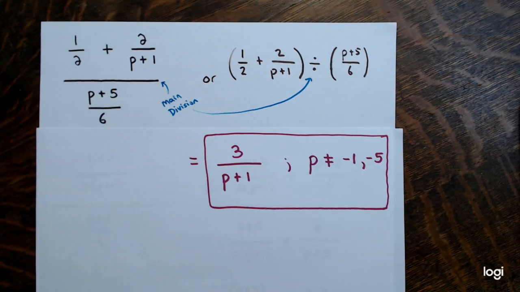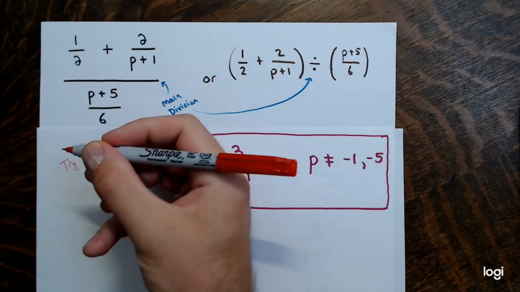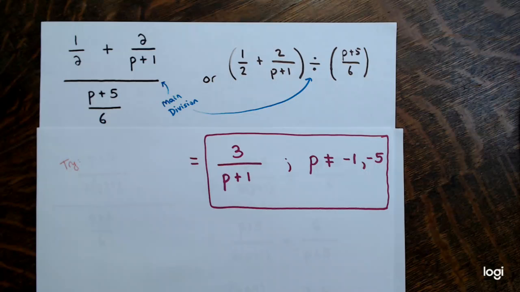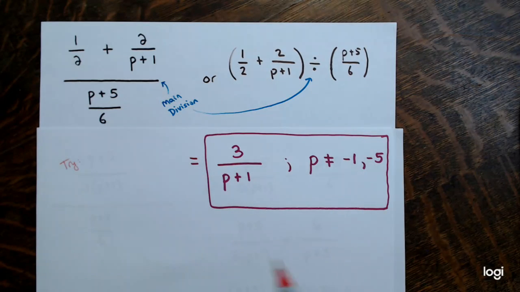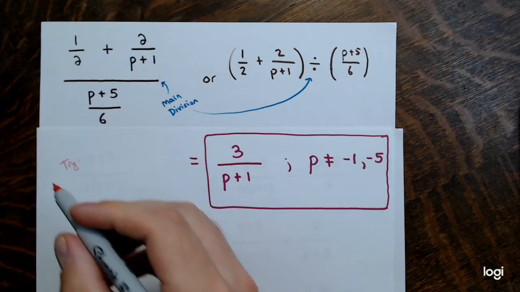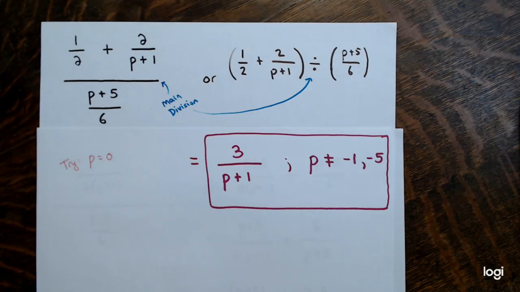Let's try a value for p. Plug in whatever you want, just so long as it's not these two: -10, -18, 1/5, 1/3, pi, square root of 2. I'm just going to try a simple one. How about 0? How about when p is 0?